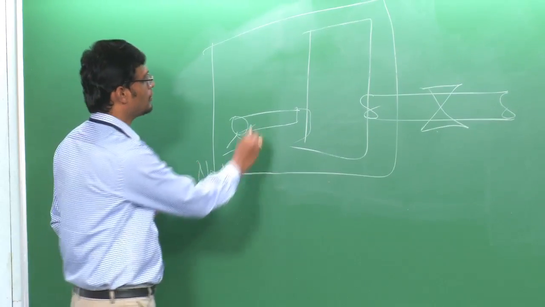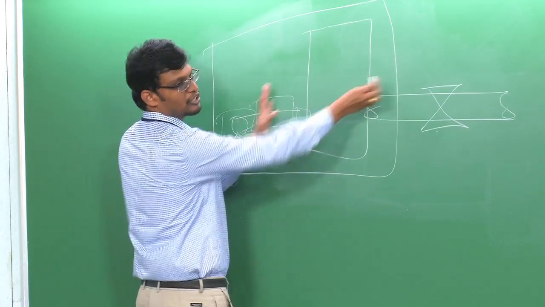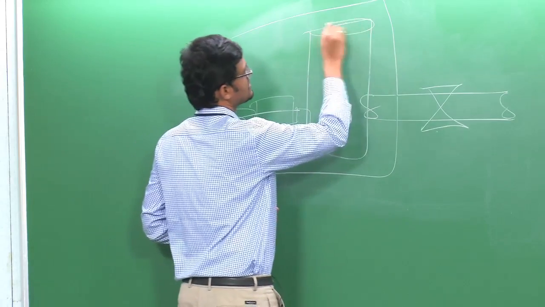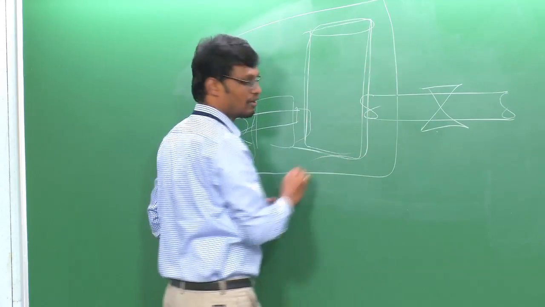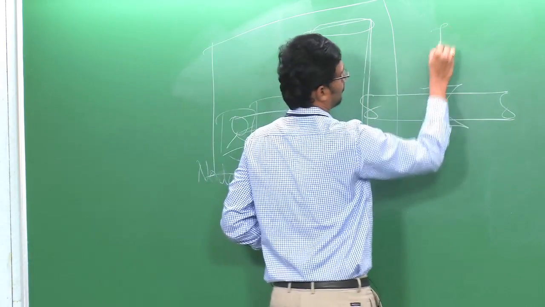Now, it could be only a section of this pipeline, or it could be a pump, or a combination of both, or it could be the tank alone. Assuming that you have chosen this tank as your node, now you take flow.